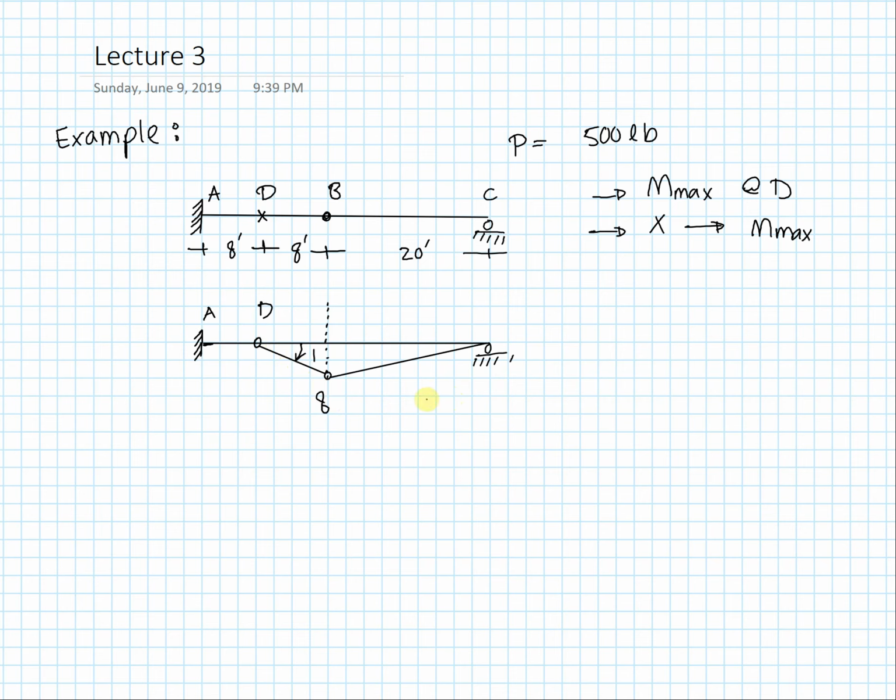And so if I'm interested in M max at D, I can say minus 8 times 500, and we have minus 4,000 pounds.